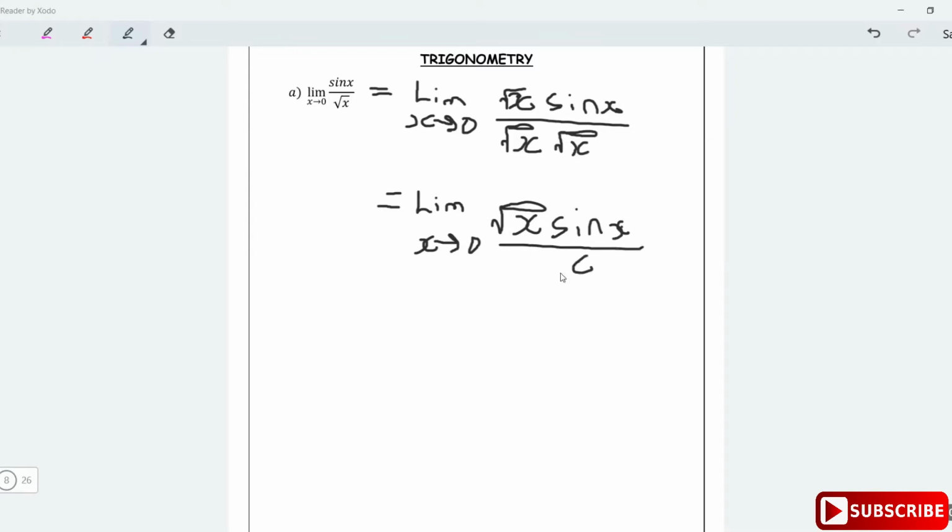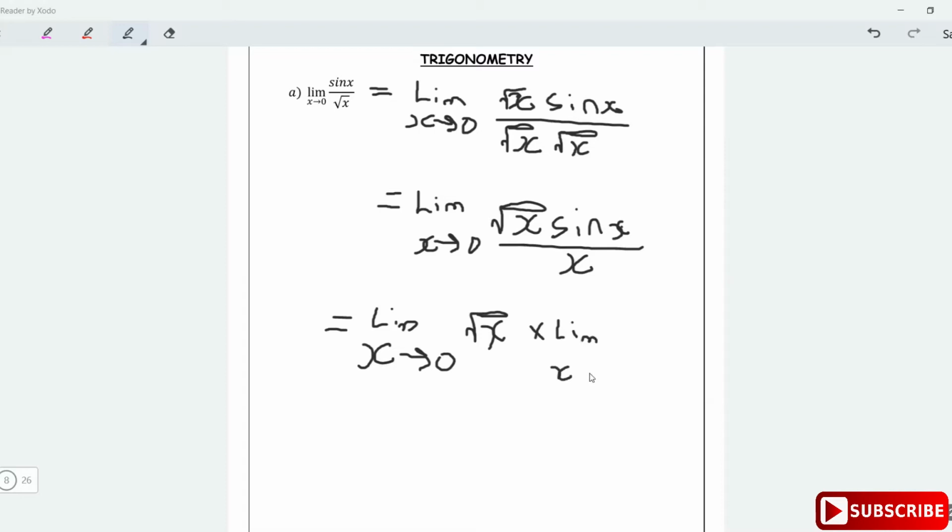Now, of course, we know that we can break this up as the product of two limits. We can use the limit laws to break this up as the limit as x approaches 0 of root x multiplied by the limit as x approaches 0 of sine x over x.